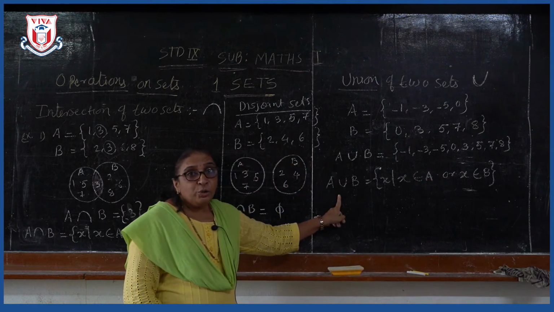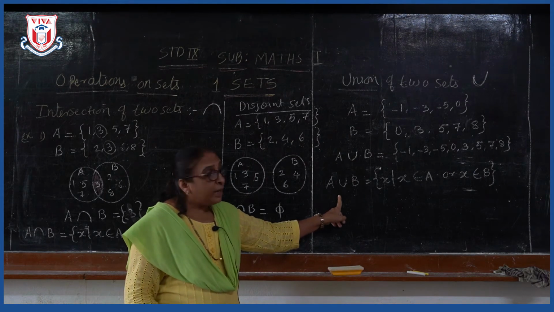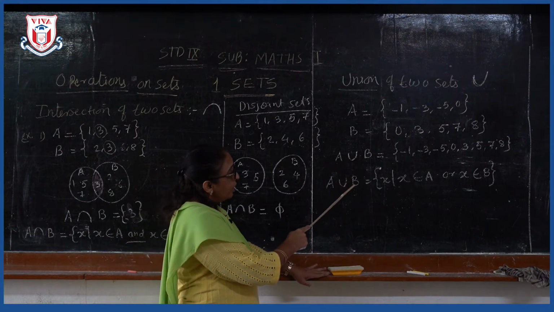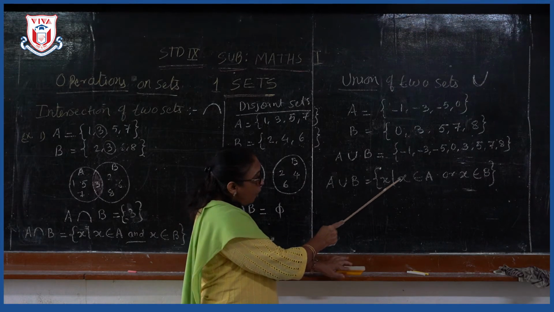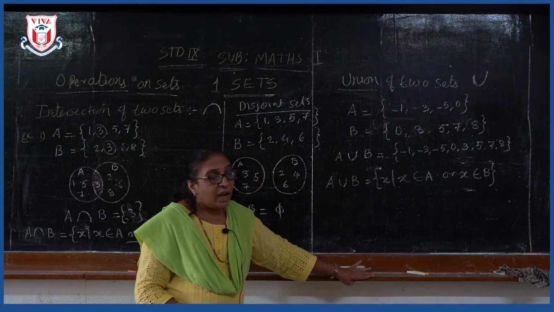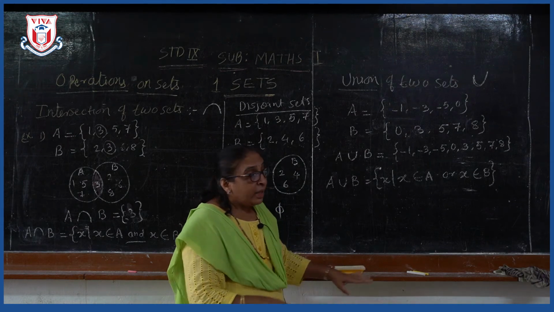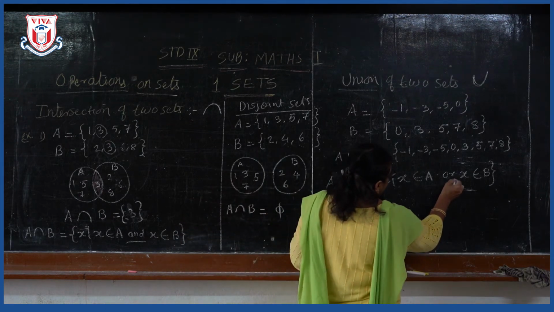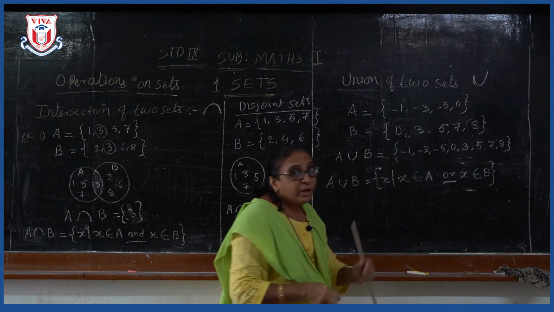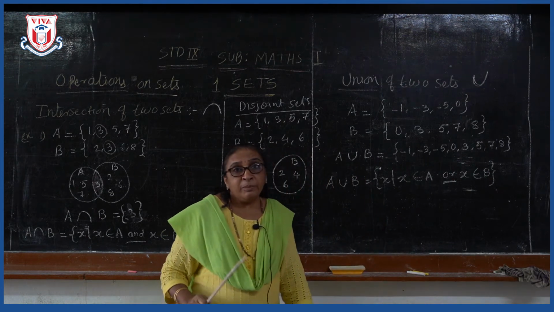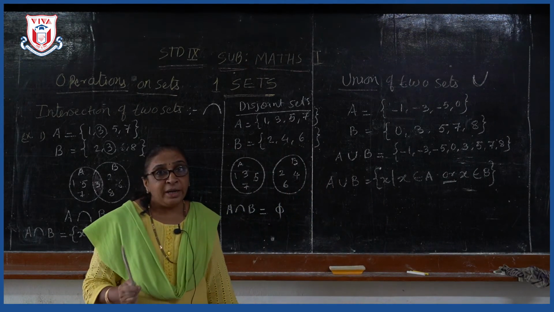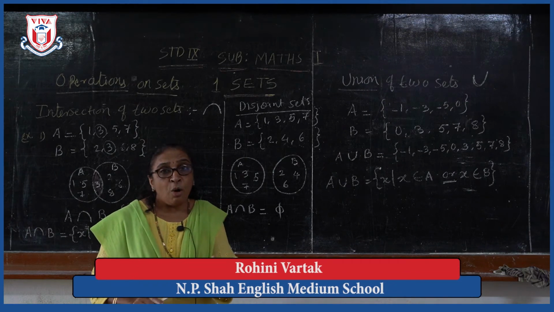So the union set, how can you define? The union set is the set of all x such that x belongs to A or x belongs to B. Here the word or is very important. Children, see the difference between and and or.